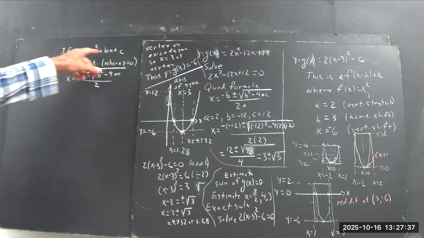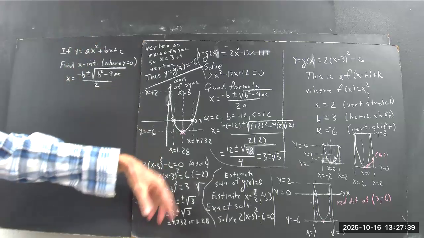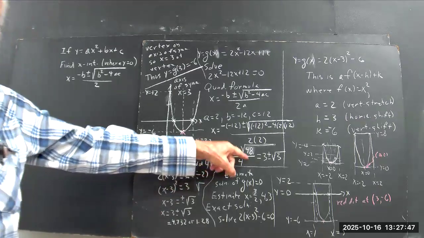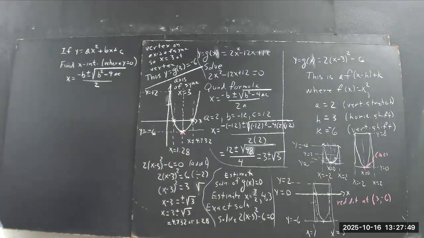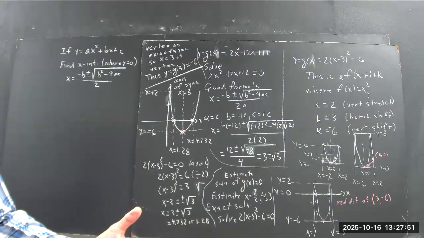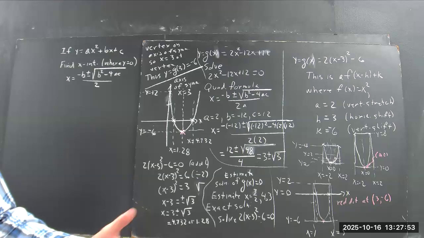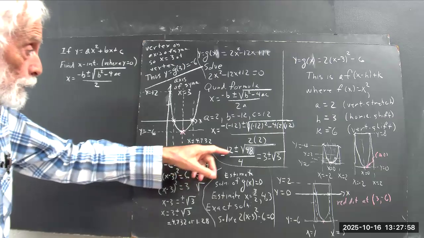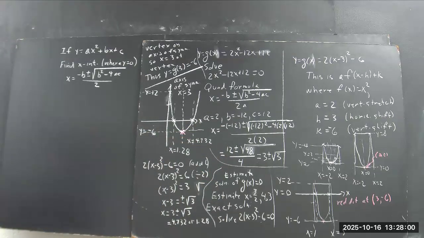So if I put numbers in here, you can always plug them into the quadratic formula and see where the graph crosses the x-axis. Now, if you happen to get a negative under the square root here, it means the graph doesn't cross the x-axis. The only way it can cross the x-axis is to be a solution of the quadratic formula, and that solution has to be a real number.